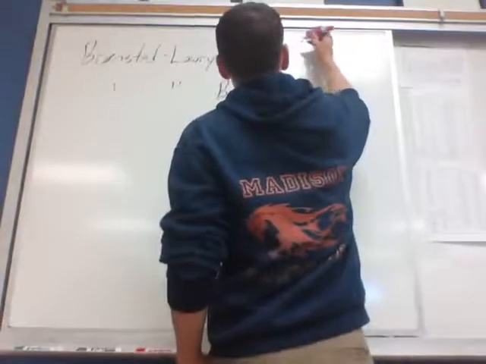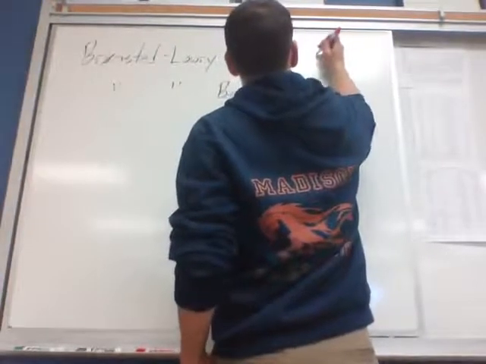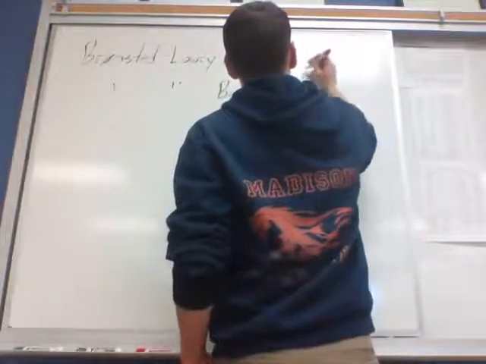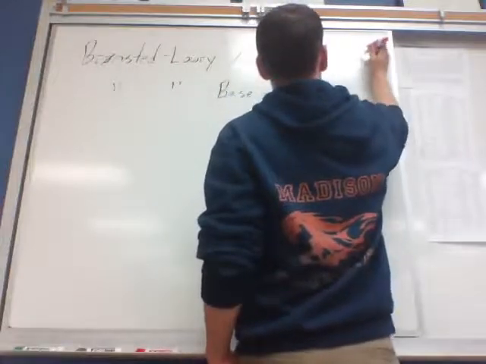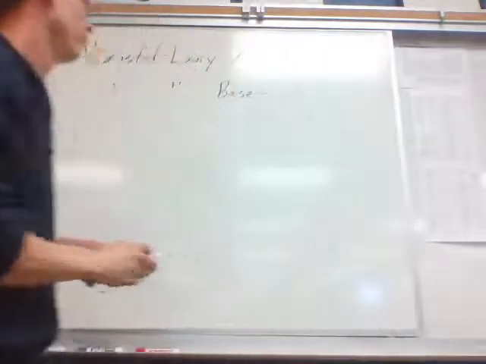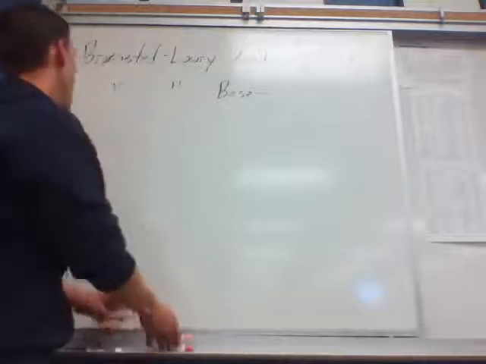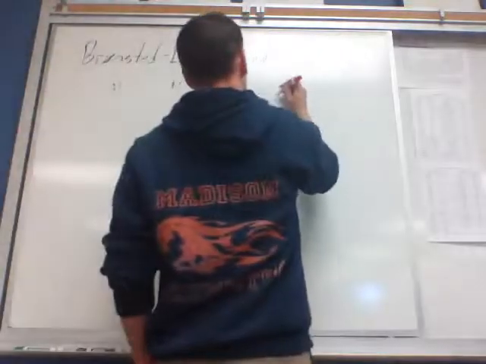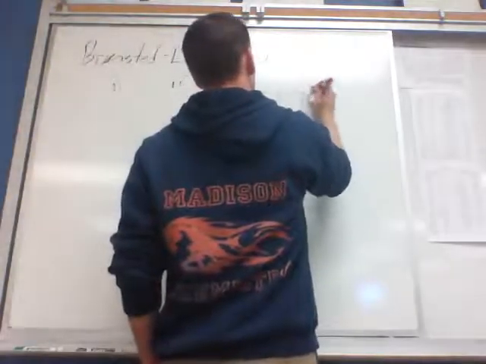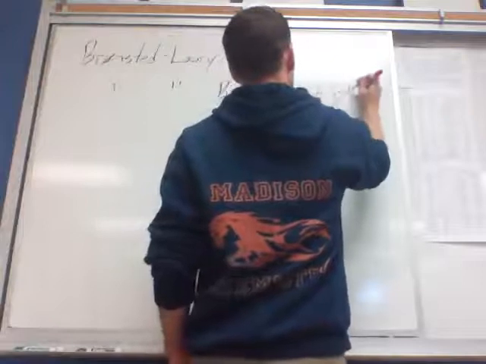A Bronsted-Lowry acid likes to donate protons. It'll be in the form of hydrogen, though. A Bronsted-Lowry base, instead of donating, likes to accept protons.